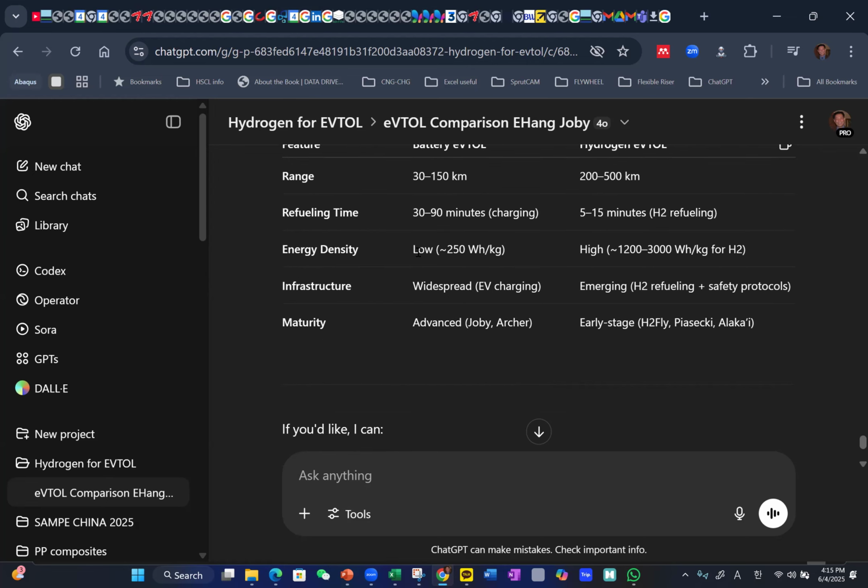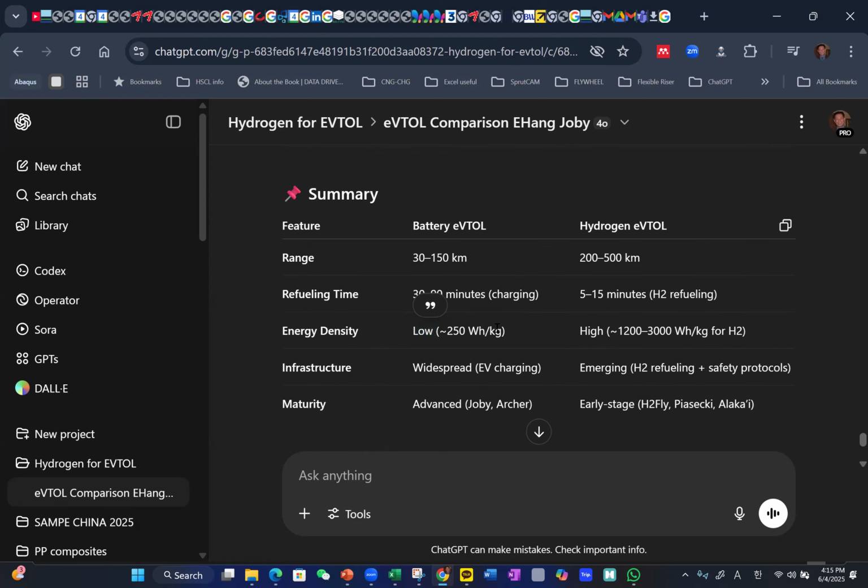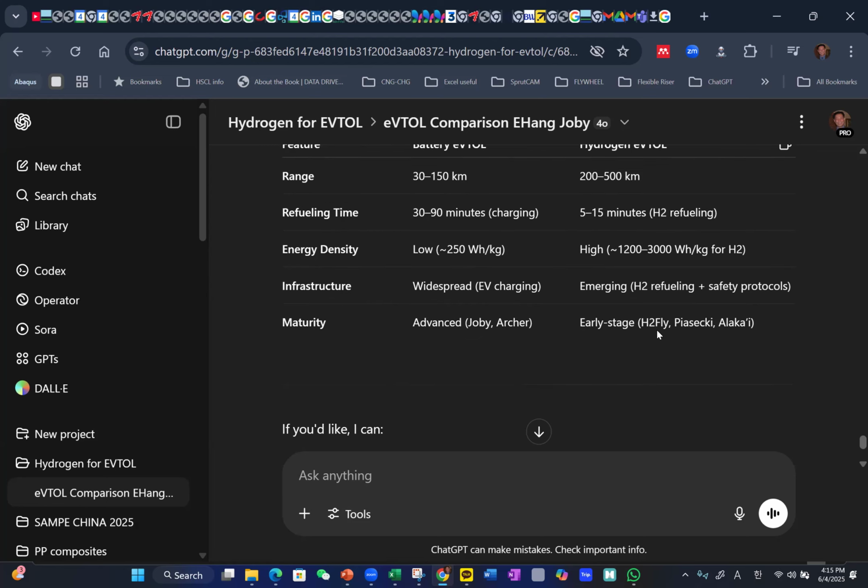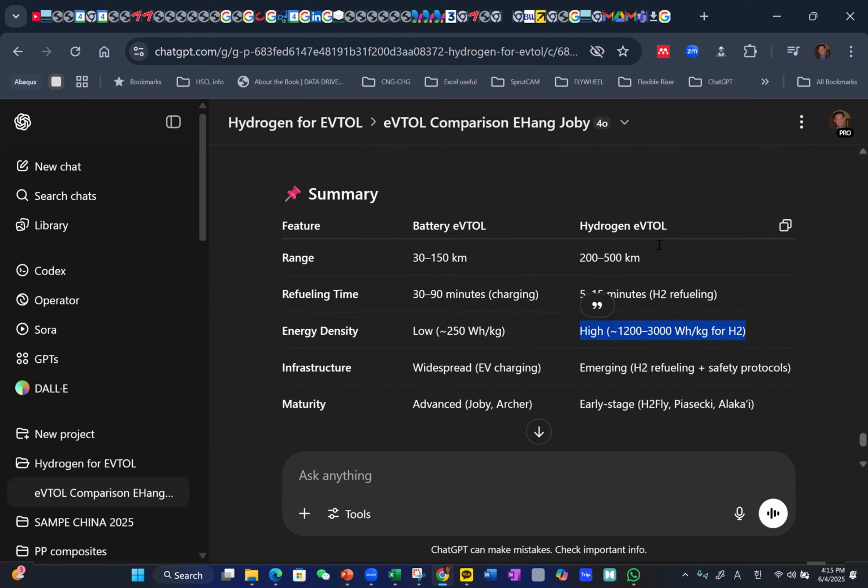And energy density is low. What does it mean? Per kilo, we have a low energy capacity, but hydrogen can have a very significant, high energy density. And again, with this light weight, it saves energy as well. Not only the weight itself of the power system, but with this light weight, it can extend the flying range.